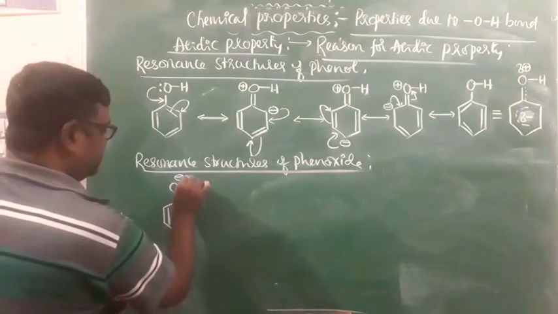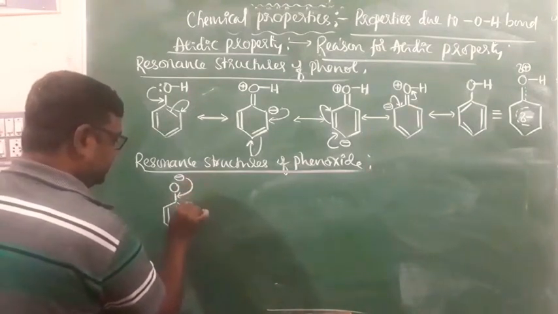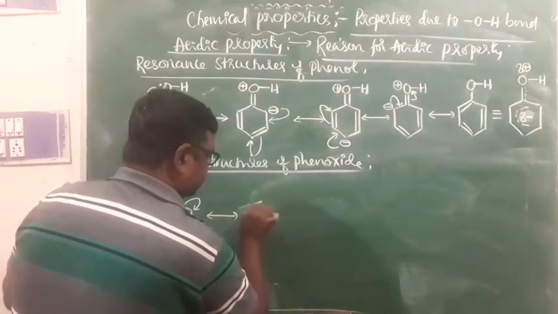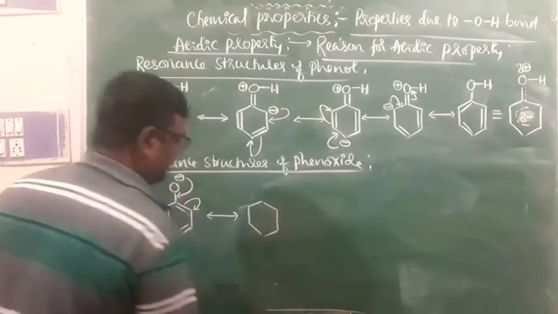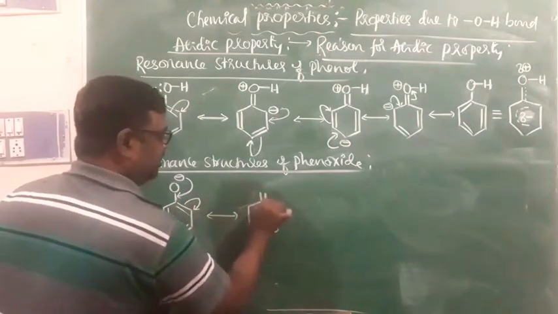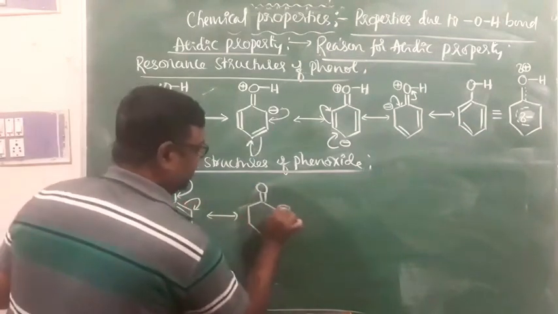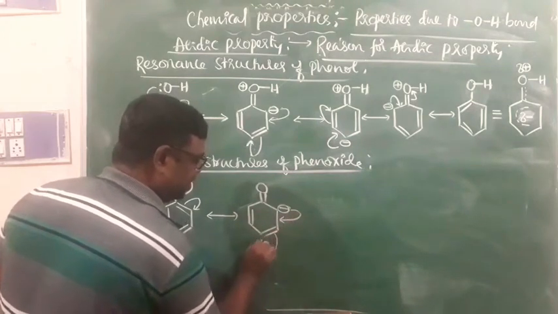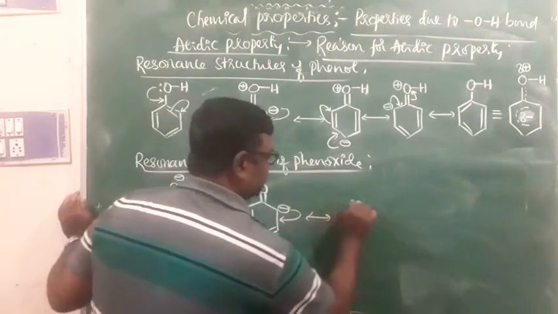If I write the resonance structures like this, this will be shifted like this, and of course you get the first resonance structure. Now single bond becomes double bond, it will get a minus charge, and of course a double bond. You shift like this between and over the carbon atom, and you write one more resonance structure.